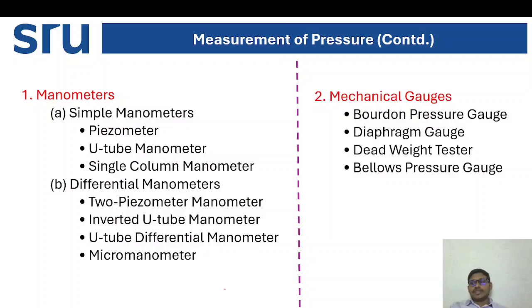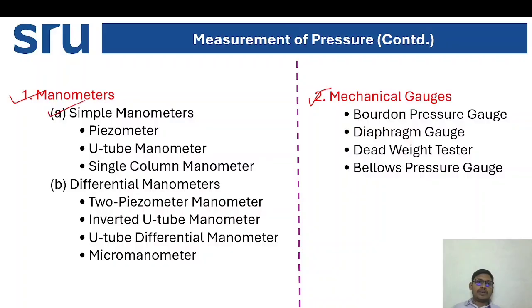Simple manometers have subcategories: piezometers, U-tube manometers, and single column manometers. Differential manometers include two piezometer manometers, inverted U-tube manometers, U-tube differential manometers, and micromanometers. And mechanical gauges include the Bourdon pressure gauge, diaphragm gauge, deadweight tester, and bellows pressure gauge.